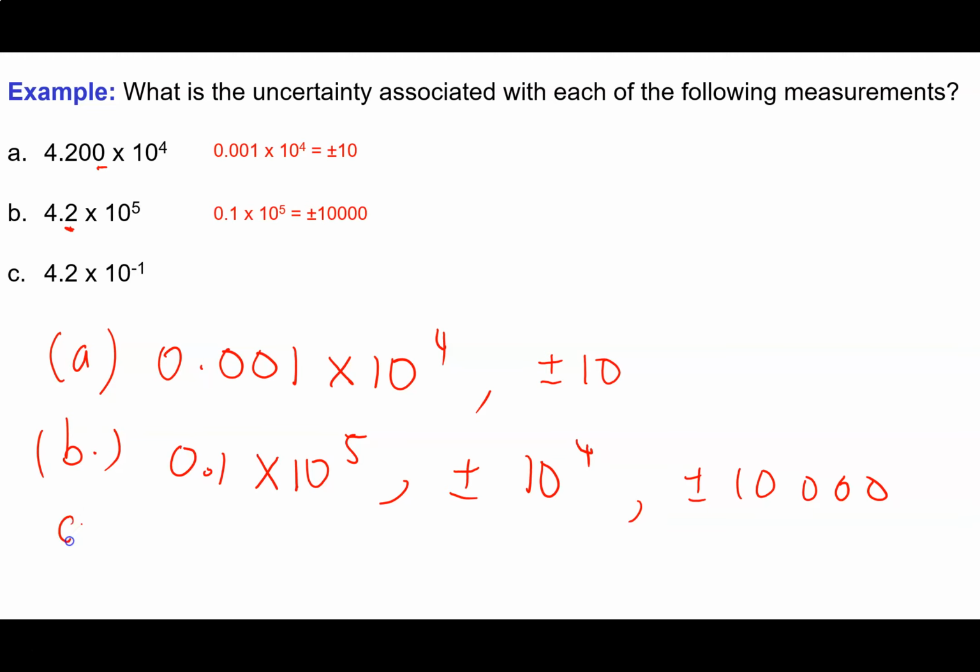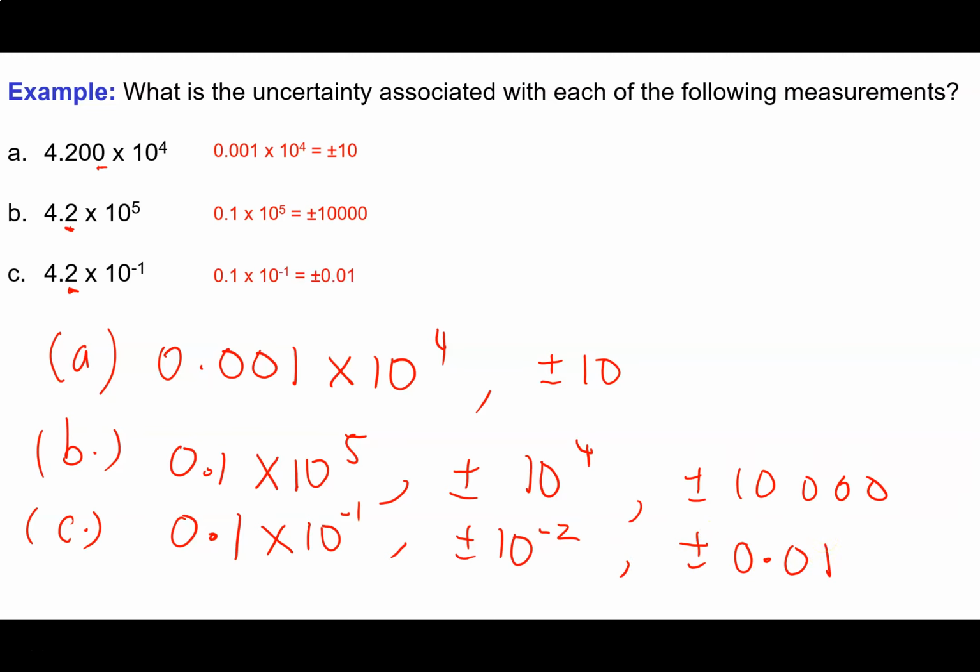All right, and then for C here, there it is, 0.1, that's our last digit, times 10 to the minus 1, which would give me plus or minus 10 to the minus 2, or alternatively, plus or minus 0.01. Any of those ways would be appropriate. Okay, so it's a little tricky to do that, but not impossible.